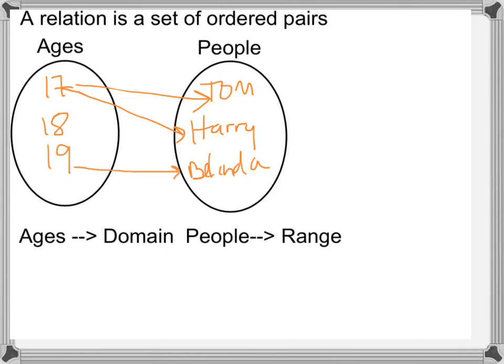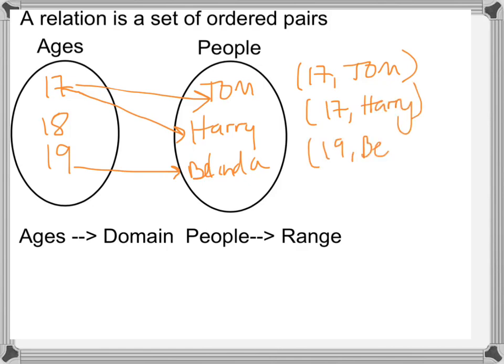Okay, so the set of ordered pairs that this information would create would be 17, comma Tom, 17, comma Harry, and 19, comma Belinda. Okay, so a relation is just something that relates one set of objects to another set of objects.